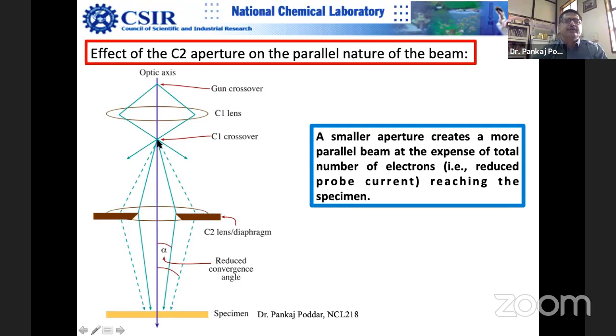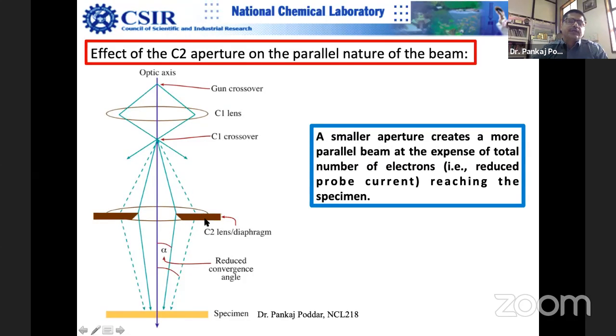You always start from this point, and then it becomes very easy. Now you have a C1 crossover, and this lens looks very strong because the focal length is very short.